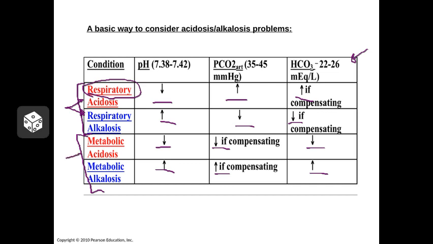Also, here in terms of metabolic alkalosis, if the cause of the metabolic alkalosis is kidney failure, or metabolic acidosis is kidney failure, the kidneys cannot compensate. They are the cause. So try to keep that straight also. The cause cannot be the compensation.